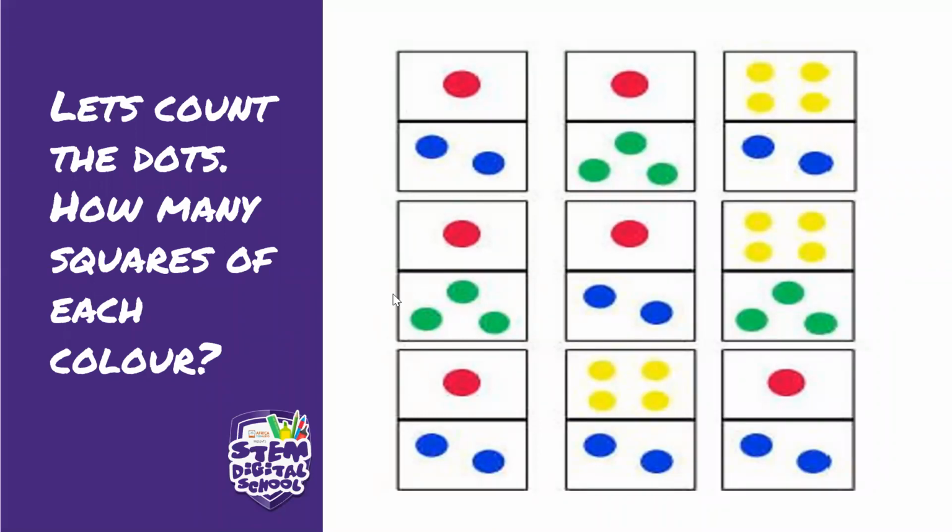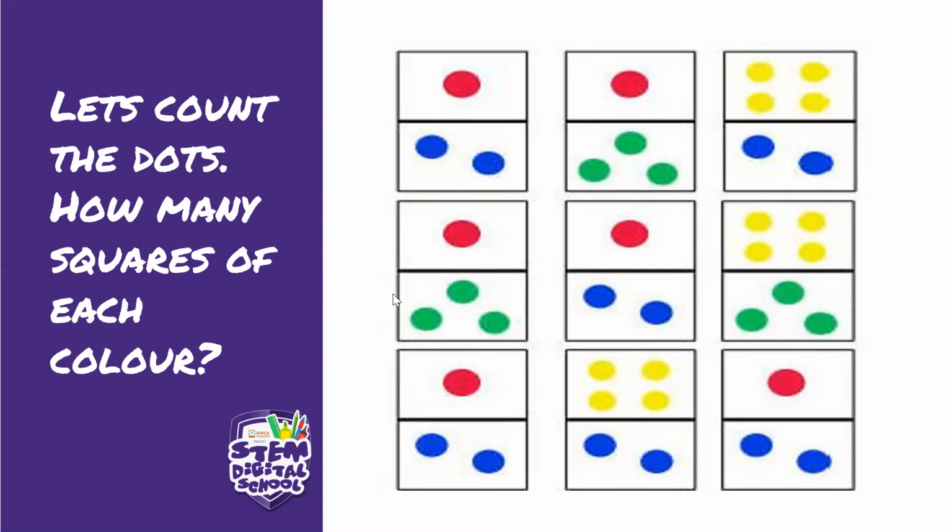Yes, there are 3 squares that have the green dots. Actually, are these squares? I think they're rectangular. Sorry, guys. There are 3 rectangles that have the green dots. So there are 9 green dots and there are 3 rectangles that have these green dots.